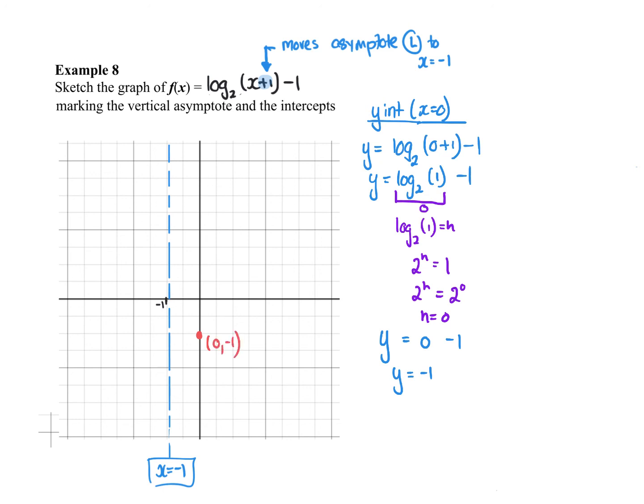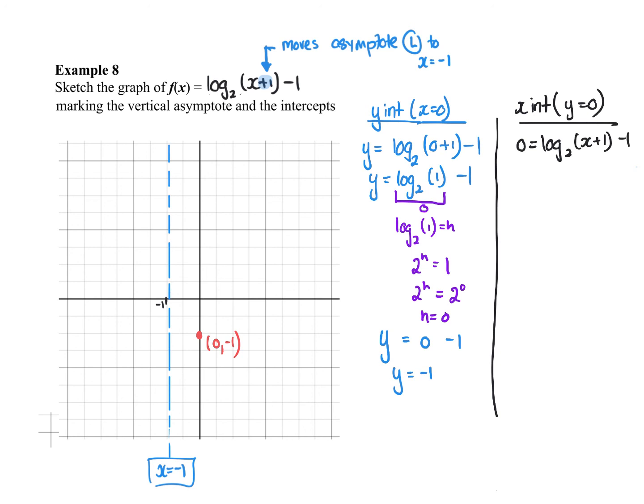Okay, so let's go and find the x-intercept now. When is the x-intercept? What do we know about it? Y equals 0. So I'll write out the formula with y equals 0 first, and then I'm going to go about solving it.